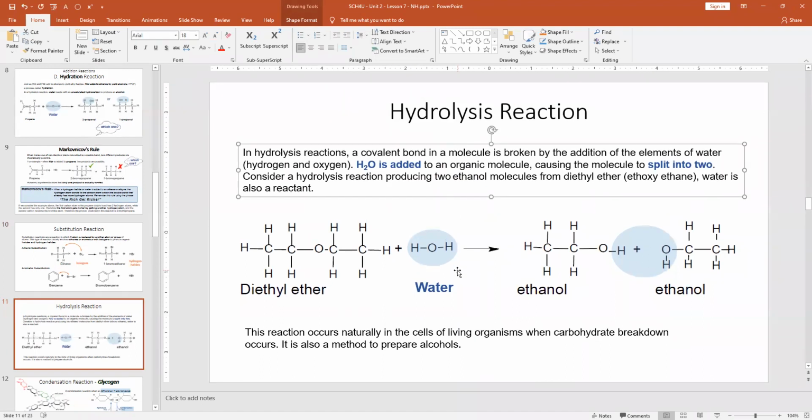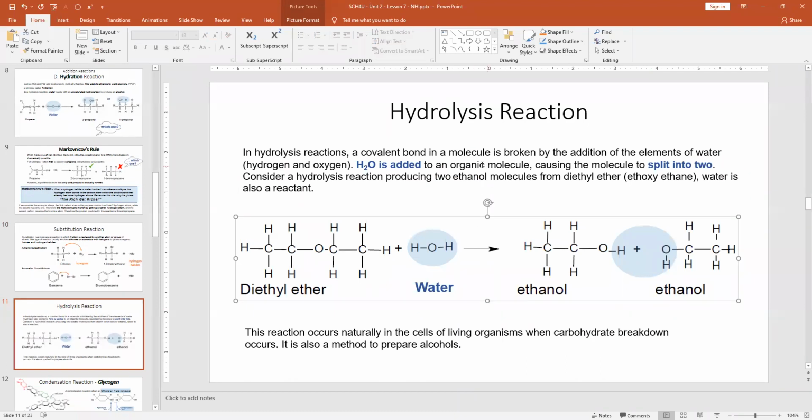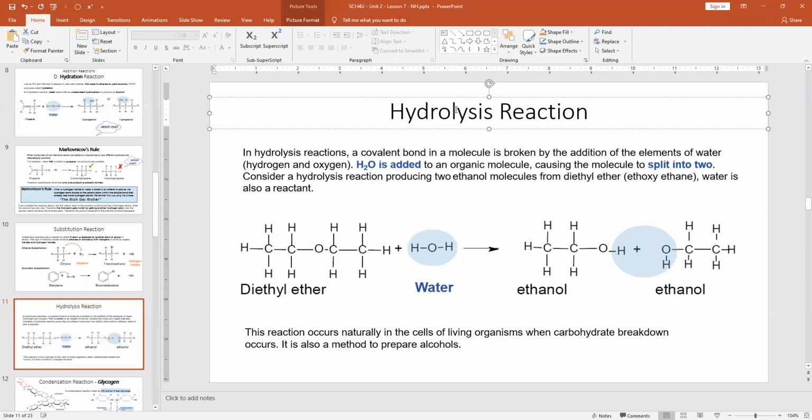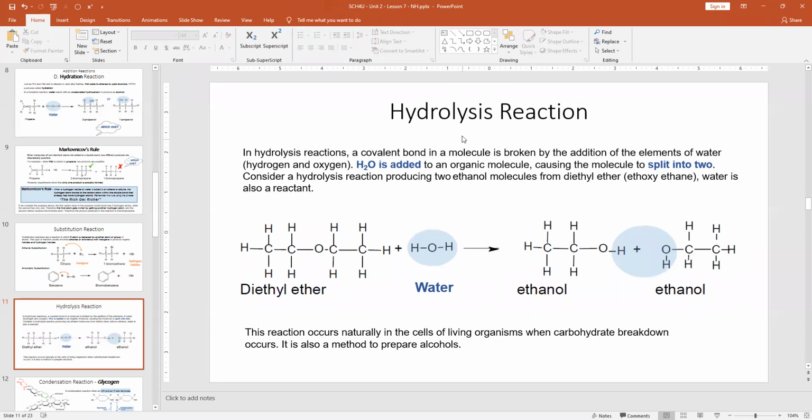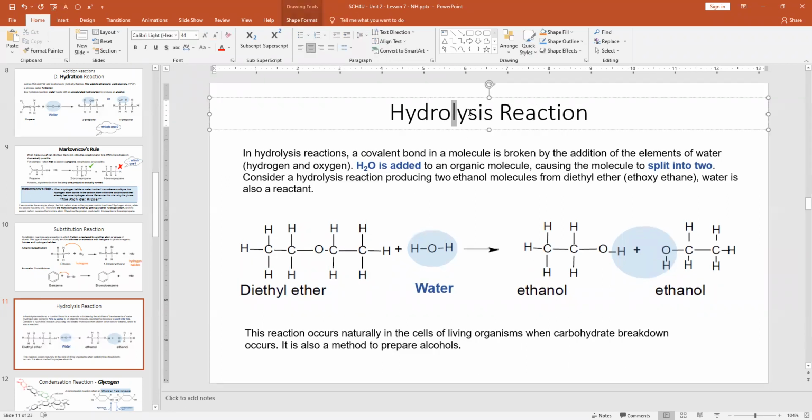And lysis means that something is broken. Lysis means to break. In biochemistry or in biology, when you lyse cells, you're breaking cells, and reactions that have the word lysis in them are usually where a molecule is broken.